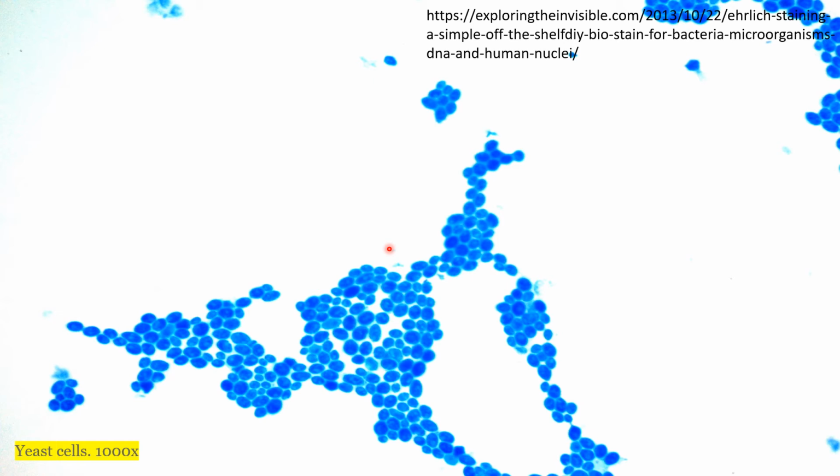Here in yeast, I think it goes to the nucleus, and it seems like cocci, but the difference is that yeast under the microscope are usually oblong or oval in shape, and technically bigger than bacteria.